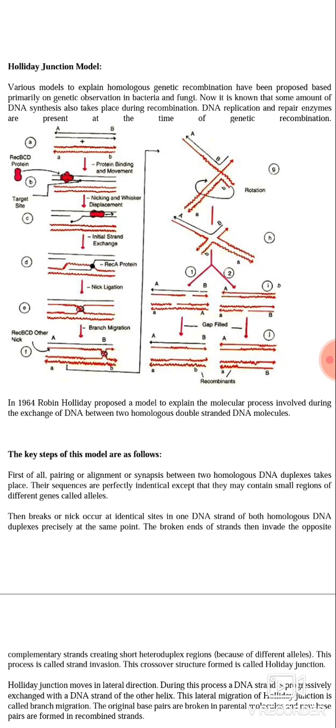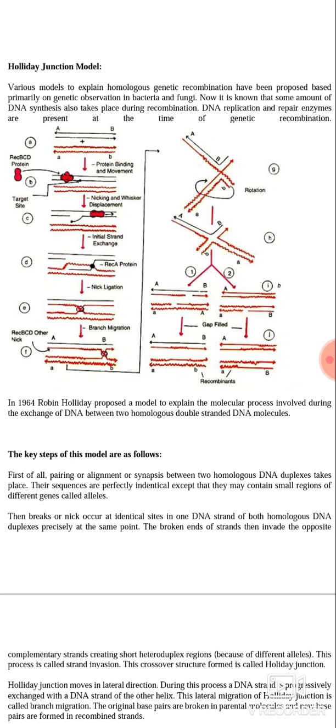In 1964, Robin Holliday proposed a model to explain the molecular process involved during the exchange of DNA between two homologous double-stranded DNA molecules. The key steps of this model are as follows.